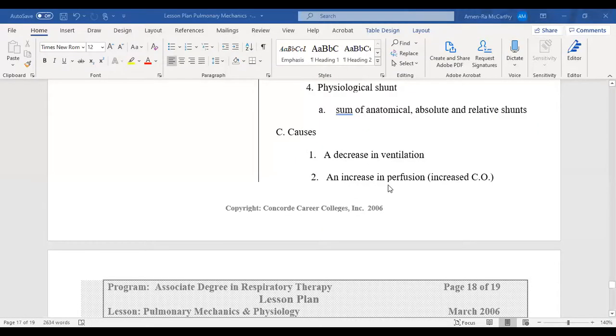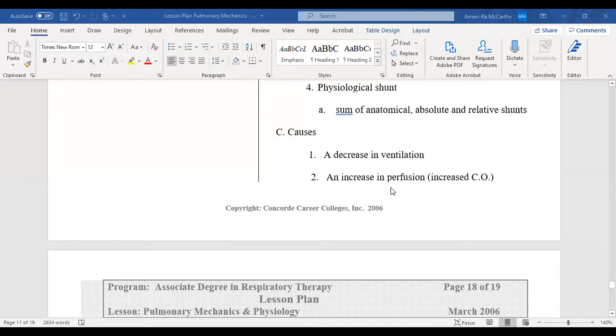Okay. Number two, an increase in perfusion. What if my cardiac output shot up? That still can be a shunt, because say I had about 3 liters per minute of ventilation and 5 of cardiac output, right? So I'm relatively okay, or 4 to 5. I'm okay. That's regular. But what if my cardiac output all of a sudden increases to 8 or 9?